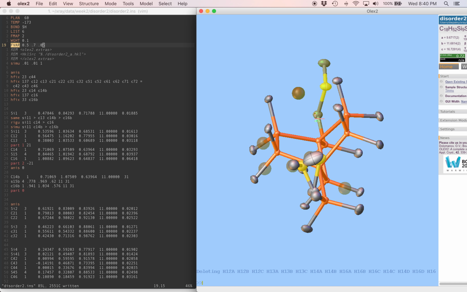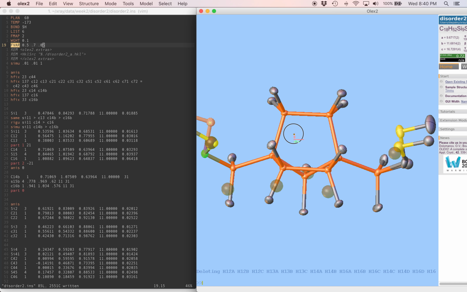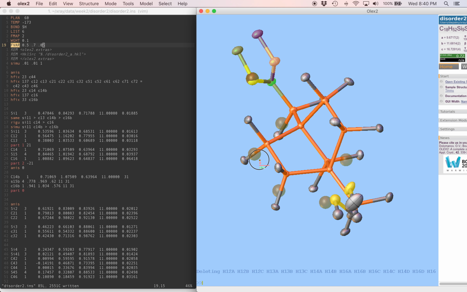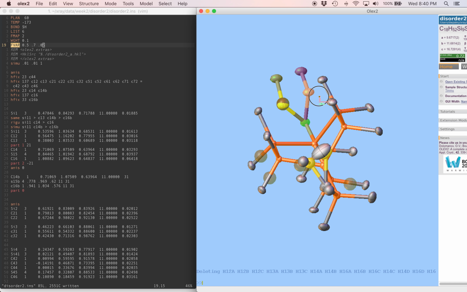I'm going to control click on the first atom, make it a pivot atom, and then the rest of the group I'm going to drag it over here and try to get the sulfur on top of that big Q peak. So we can see how we used mode fit to just grab the group and physically move it over.